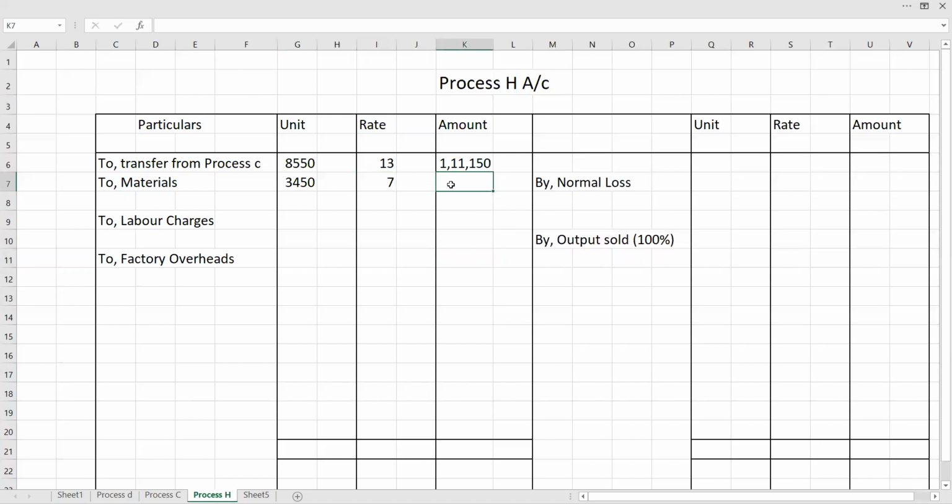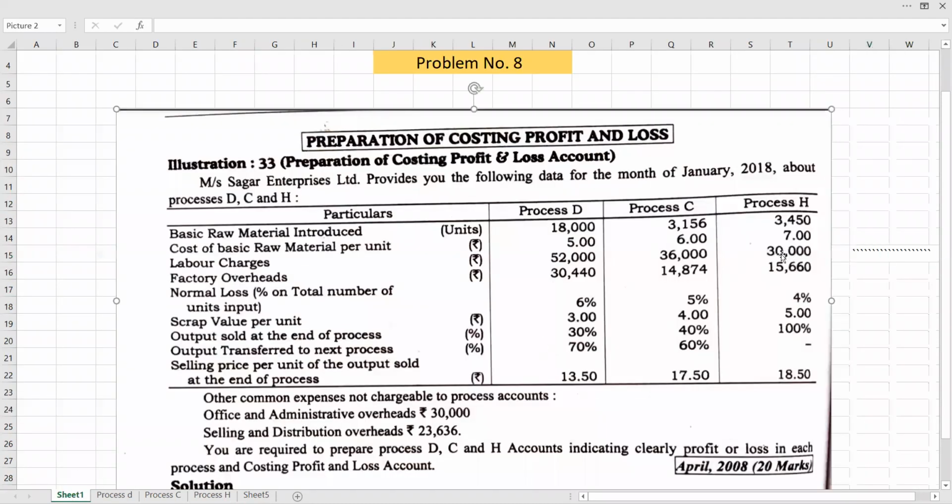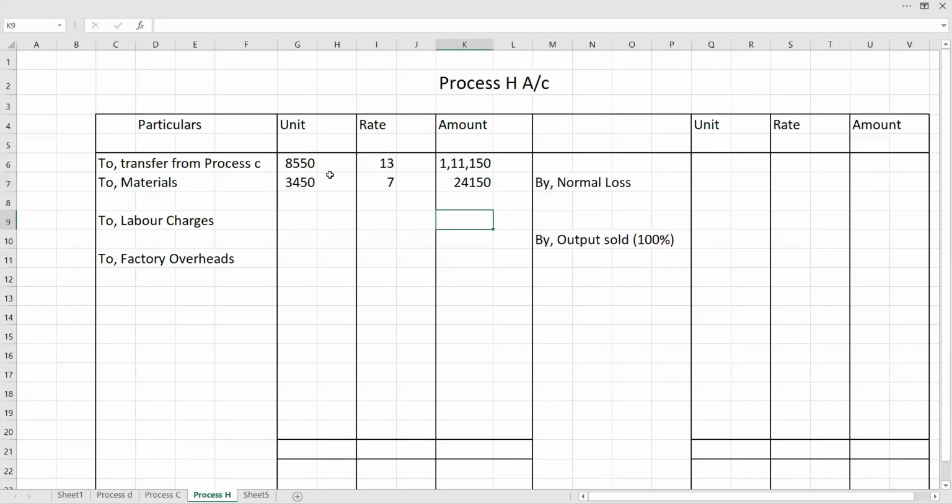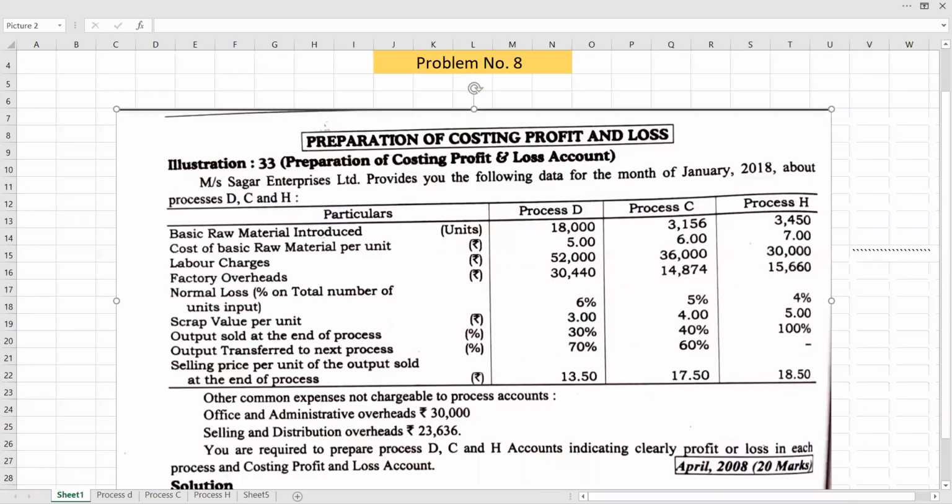And the amount कशी find out करणार? तर units into rate we will get our amount, that is 24,150. Labor charges, जेवढे labor charges आहेत हे record करून घेऊया. Labor charges 30,000 and factory overheads 15,660.